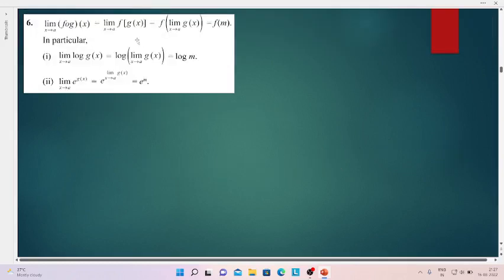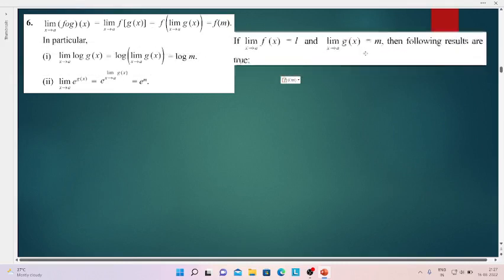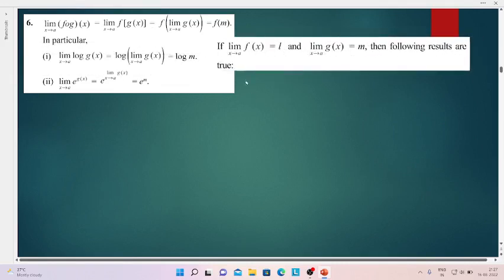So let's move to another result. Again, the same thing: if the limit as x tends to a of f(x) equals L and the limit as x tends to a of g(x) equals M, then the following results are true.